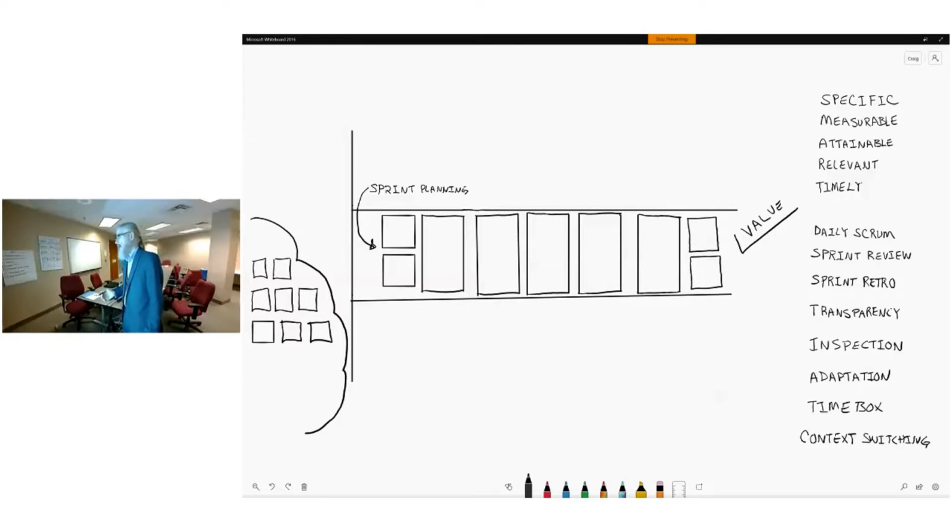Now the sprint planning meeting has really two parts to it. The first part is called the what, and the second part is called the how. So let's start with the what.